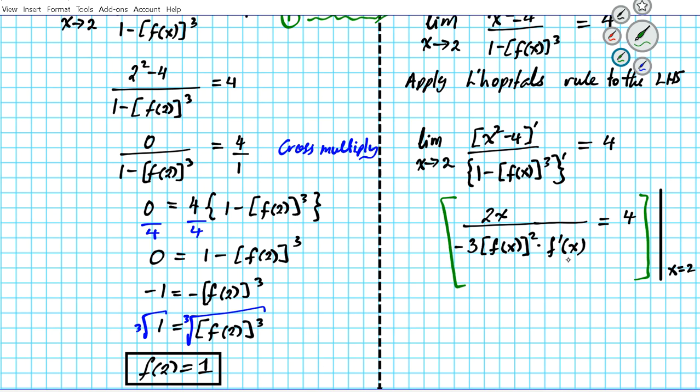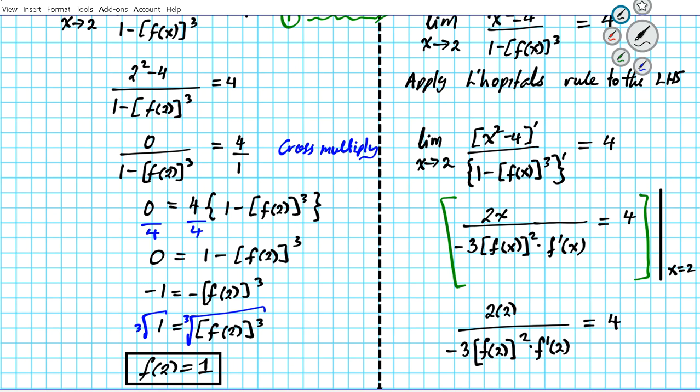So when we plug in 2 there, we have exactly what we're looking for. That's going to give us 2 times 2 over negative 3 times f of 2 squared times f prime of 2, and this is a constant, it's just 4.